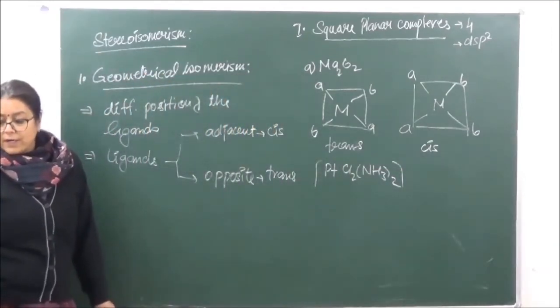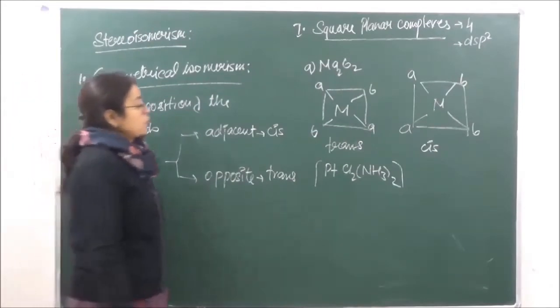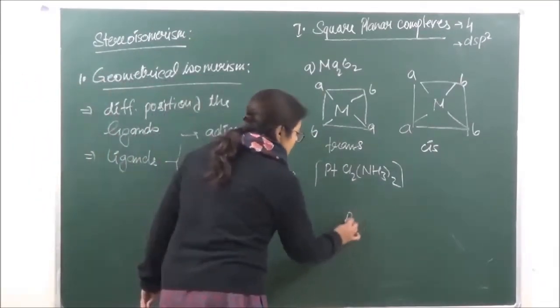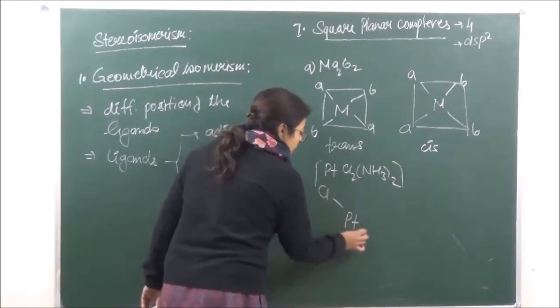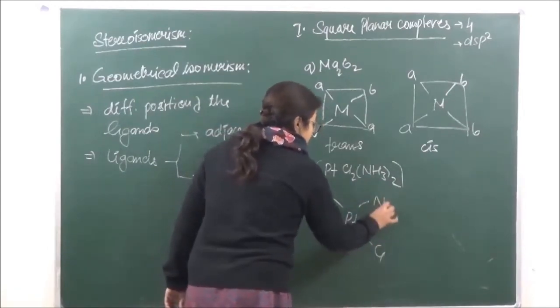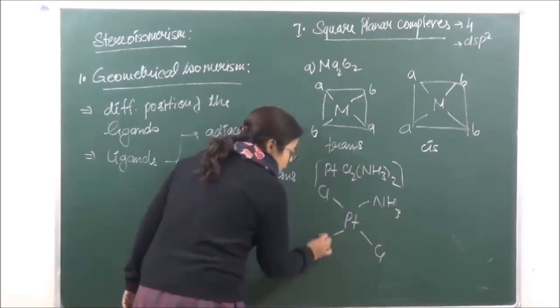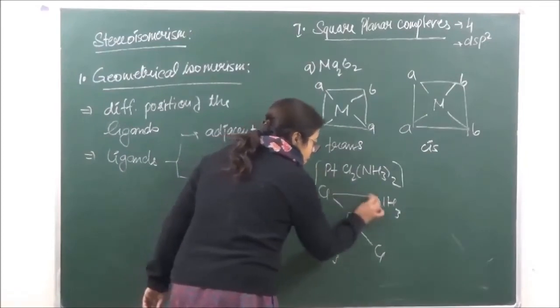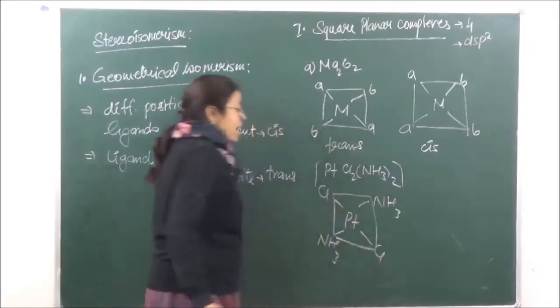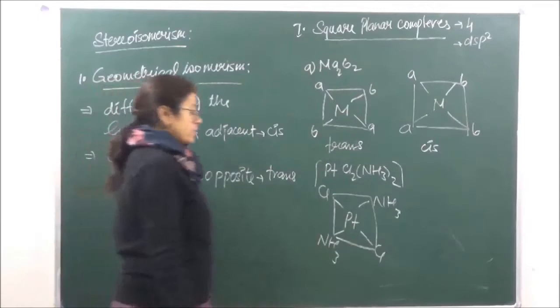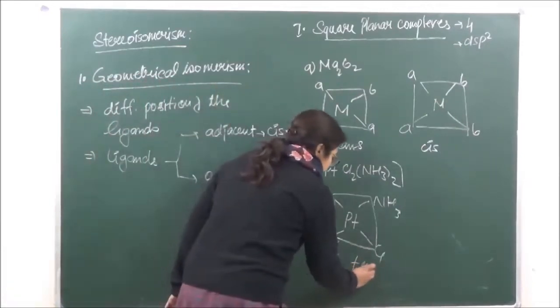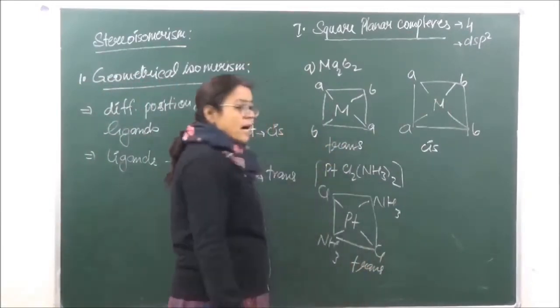Now when we are drawing the isomers: platinum, chlorine, chlorine, ammonia and ammonia. As the chlorines are opposite to each other, this is going to be trans.